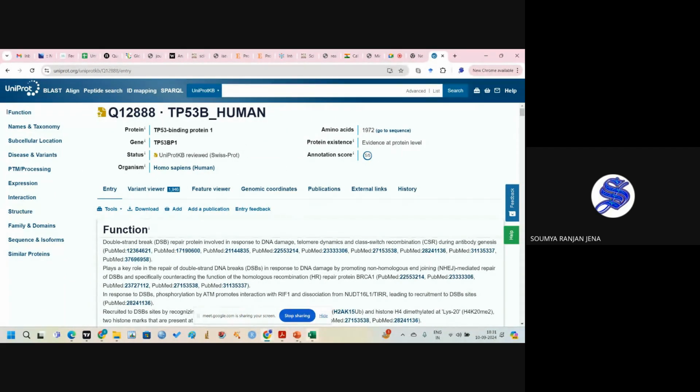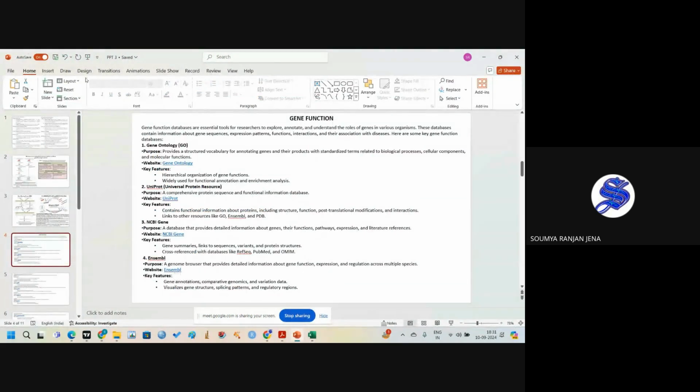We can find anything in this UniProt protein resource.